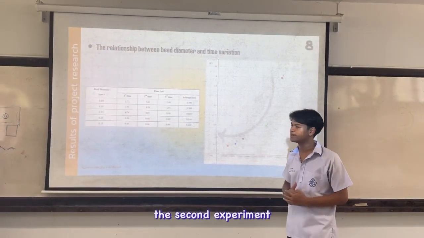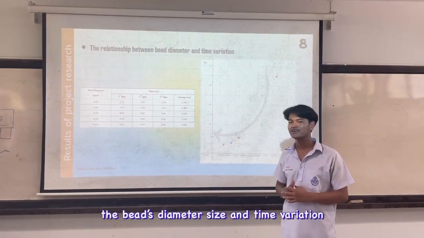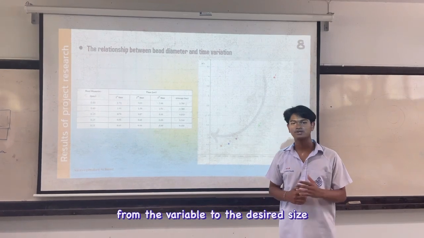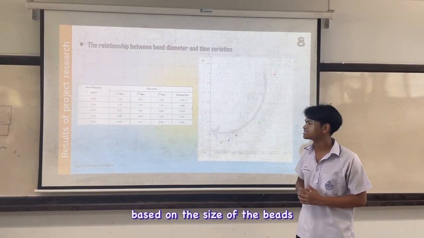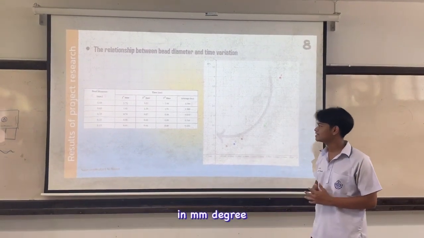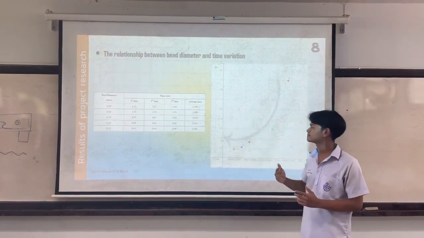The second experiment is the relationship between the bead diameter size and time variation. By changing the size of the bead to the desired size, we obtain the average time based on the size of the bead. Then, the x-axis represents the diameter in millimeters and the y-axis represents the measured time.